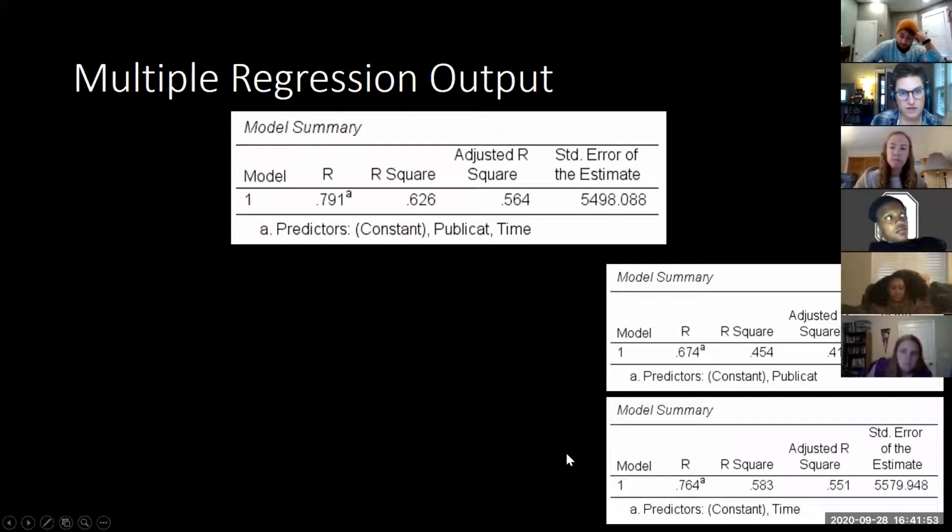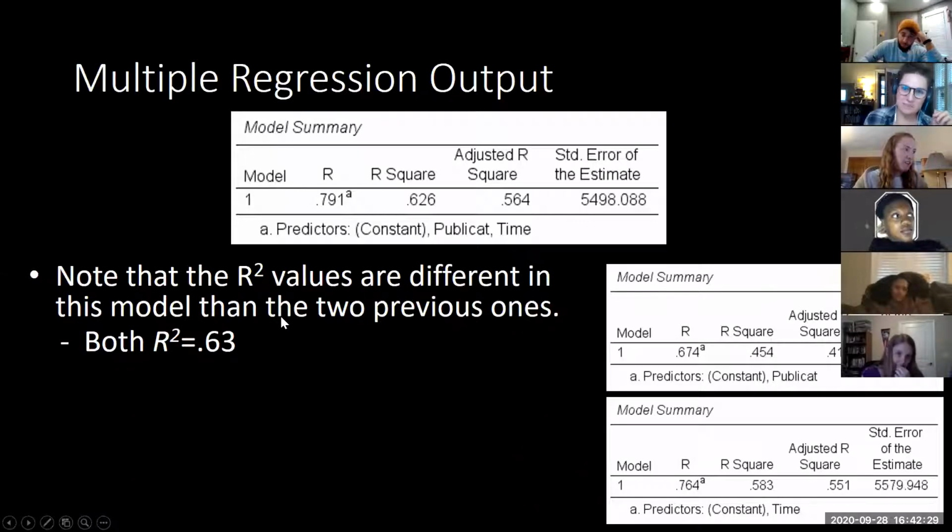Now, just for fun, what I've done here is run separate regressions, one for each of these independently. This one was just for publications. This one was just for time. When publications is the only predictor, our R squared was 0.45. When time was our only predictor, the R squared was 0.58. But when they're together, the R squared is 0.63.